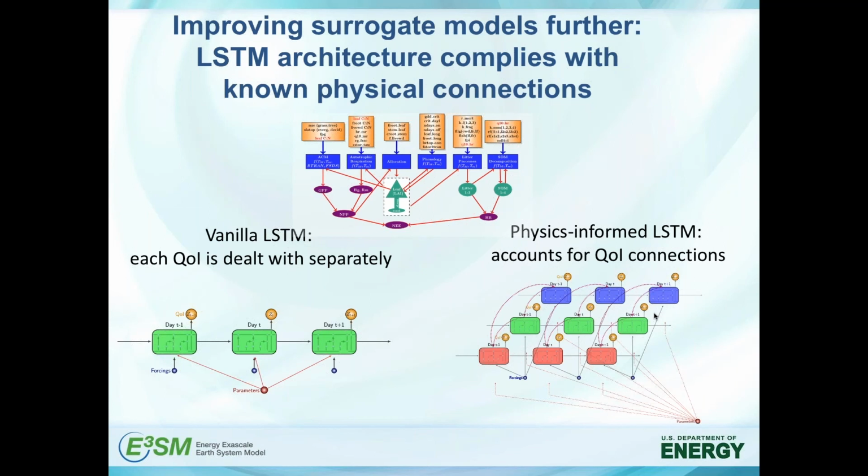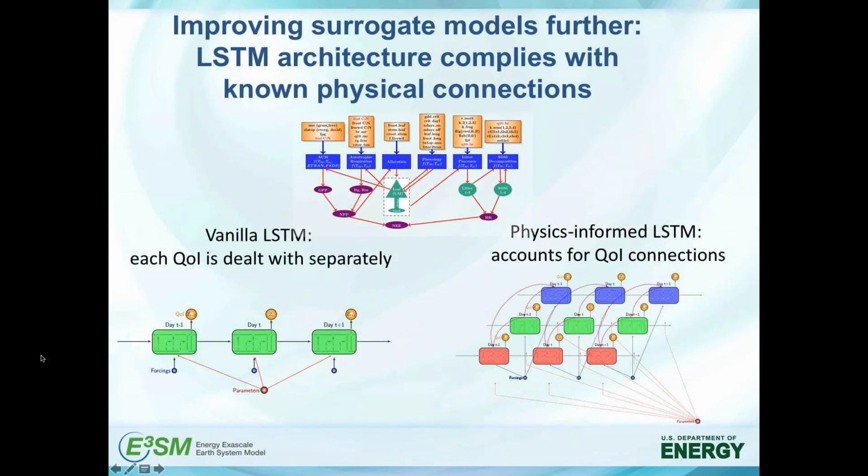For example, the LSTM method, or long short-term memory, is a type of neural network that can use the past predictions to inform future predictions, and we can build into that some of the known physical connections in the model to make that more efficient.